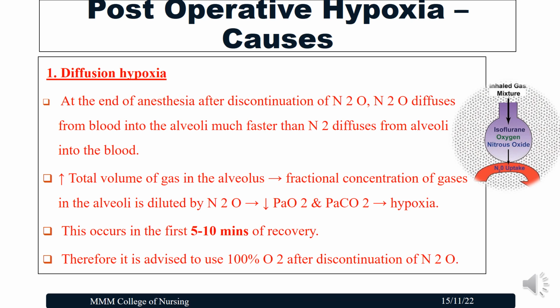This usually occurs in the first 10 to 15 minutes of recovery. Therefore it is advised to use 100% oxygen after discontinuation of anesthesia agents or the nitrous oxide. Immediately when we have removed the patient from the anesthesia, the oxygen mask should be connected to the patient and we should make sure that 100% oxygen is delivered to avoid diffusion hypoxia.